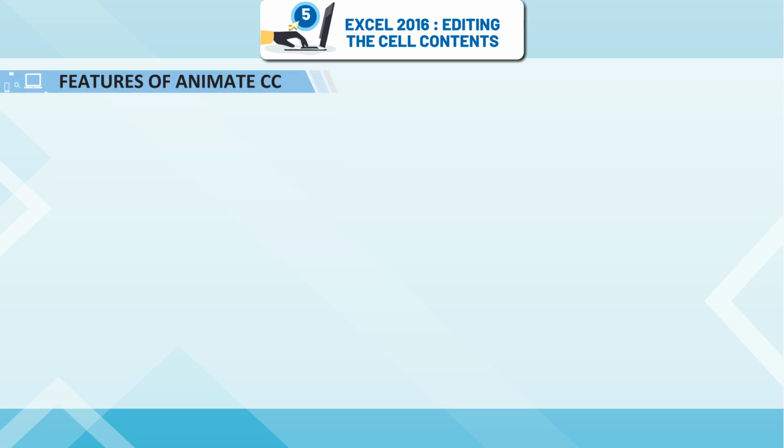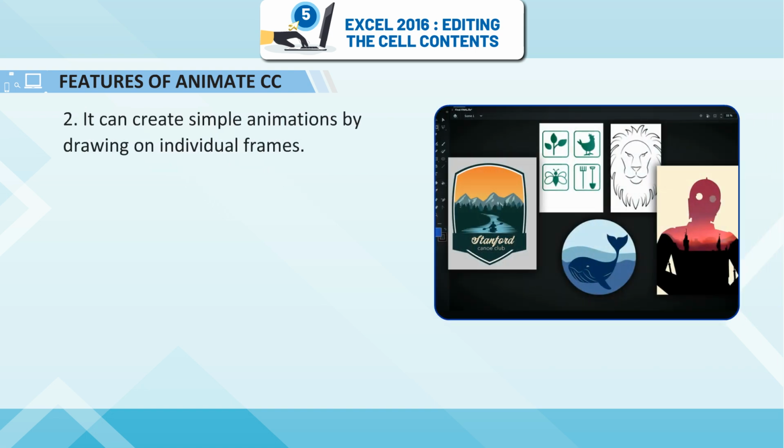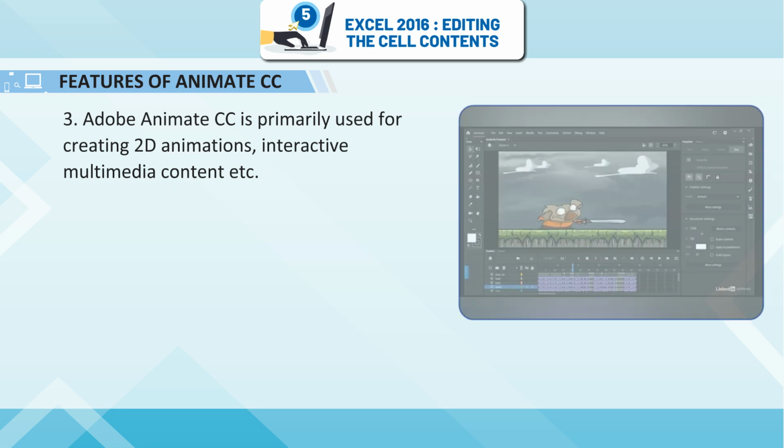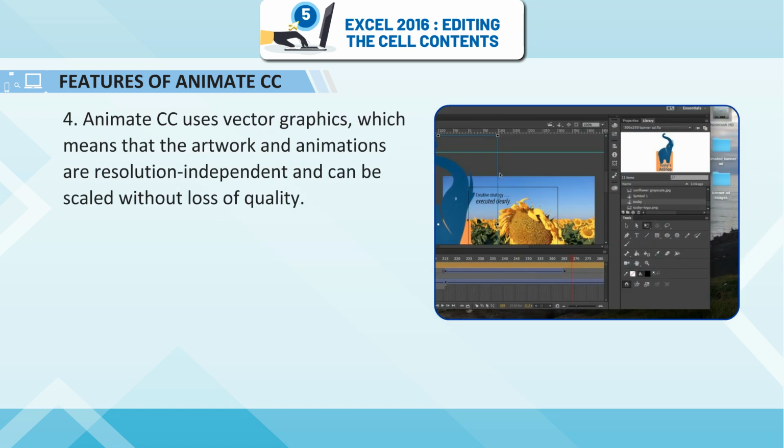Features of Animate CC: Adobe Animate CC provides simple drawing tools that allow students to create basic shapes, lines, and colors. It can create simple animations by drawing on individual frames. Adobe Animate CC is primarily used for creating 2D animations, interactive multimedia content, etc. Animate CC uses vector graphics, which means that the artwork and animations are resolution independent and can be scaled without loss of quality.